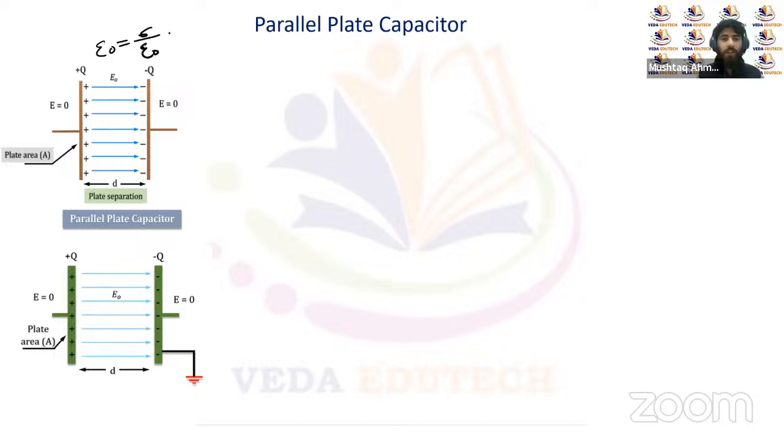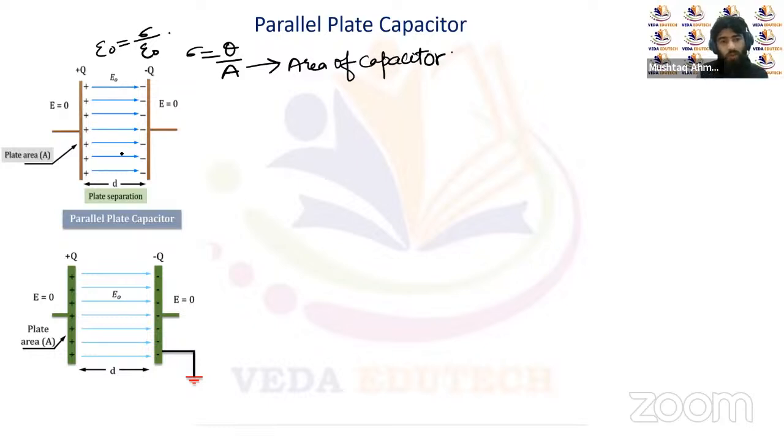That's the electric field strength inside this region, where sigma is the charge density. We can write sigma as Q upon A, where A is the area of cross section, that's equal to the area of the capacitor, and Q is the total charge on this capacitor, right?